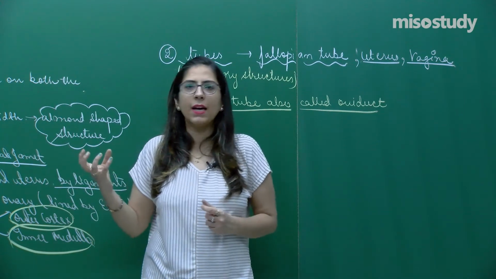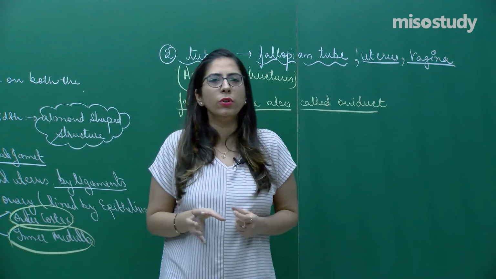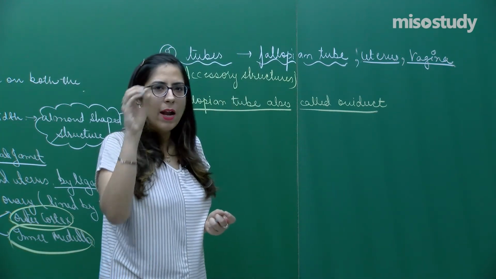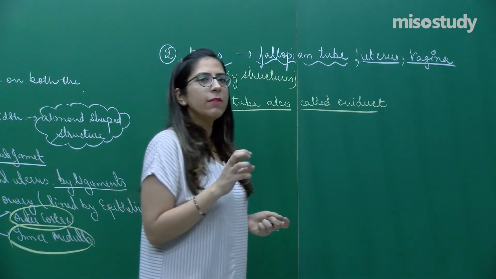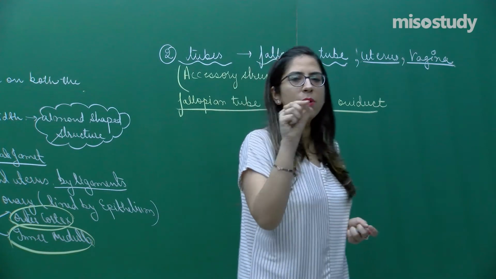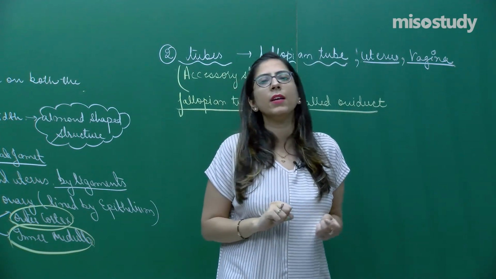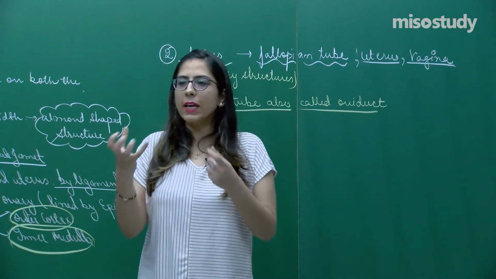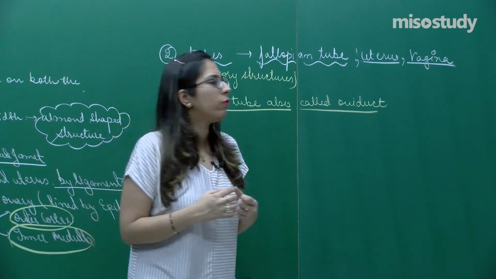On one side, they are attached to the ovaries, and on the other side connected to the uterus wall. At the end, there is the infundibulum. In that infundibular region, there are certain finger-like projections called fimbriae, and these fimbriae receive the egg when the eggs form inside the ovaries.